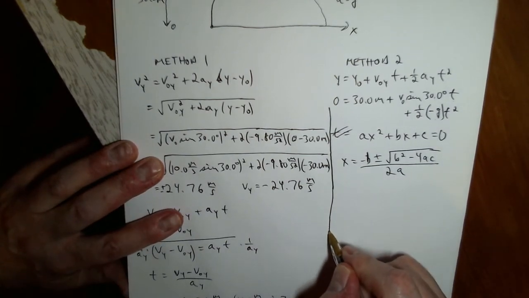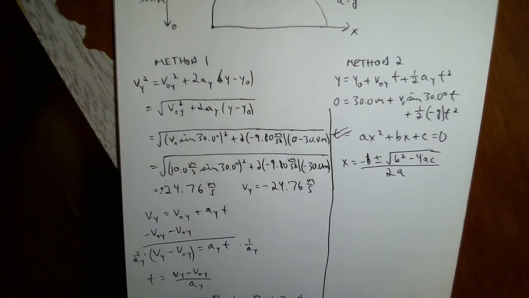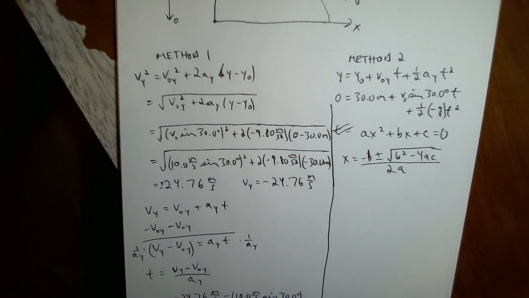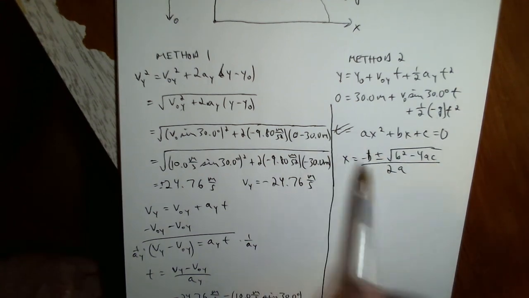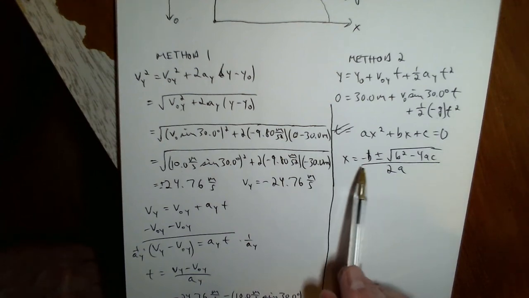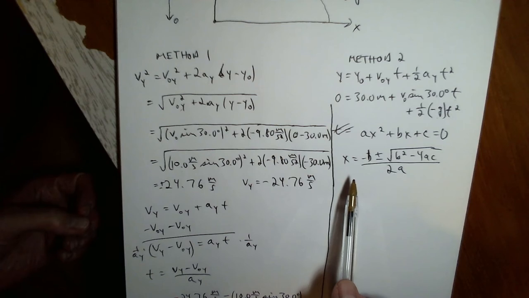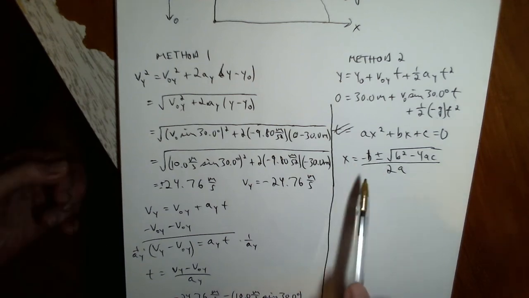You can derive that. It's done in your math classes. It's a useful formula to memorize, but I won't expect you to memorize it for this class. I'll put it on the formula sheet. And if it's not there, ask me for it.